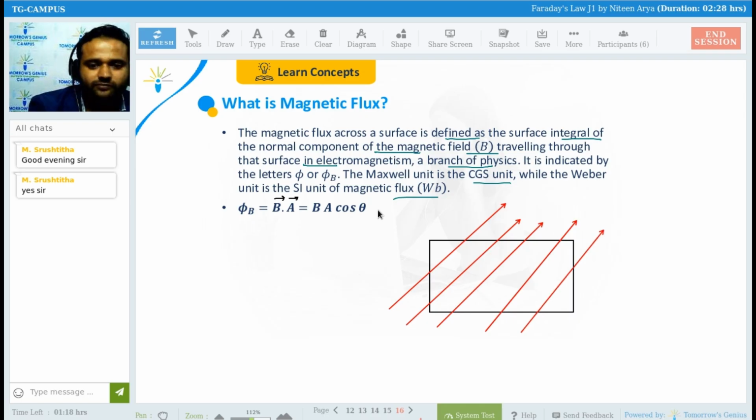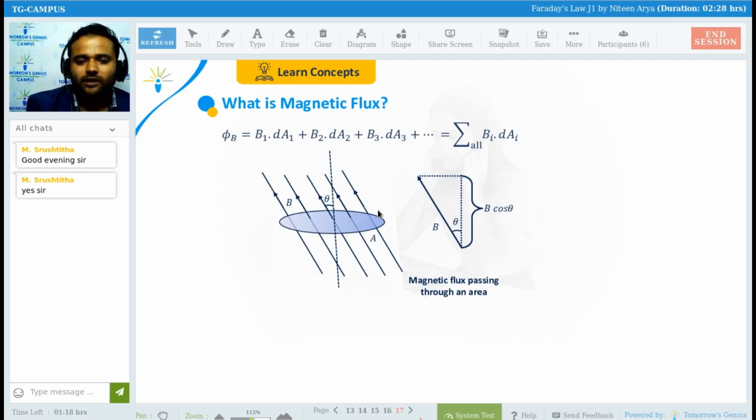As simple as that. Okay, so this is my magnetic field B, and this is my area vector A. So this is phi B, the magnetic flux, B dot A, B A cos theta.